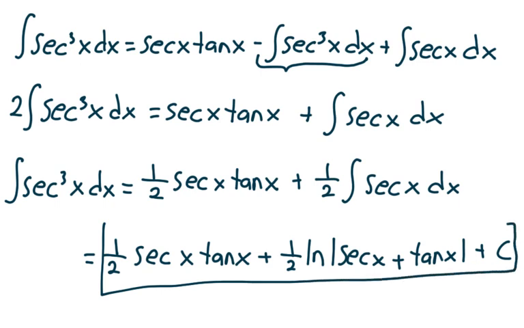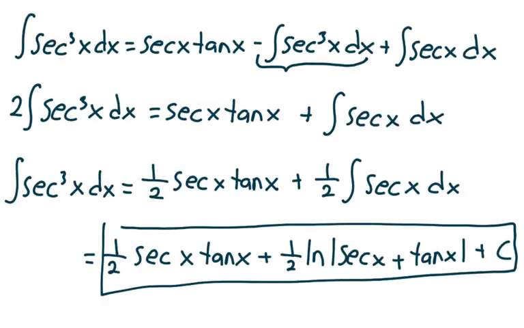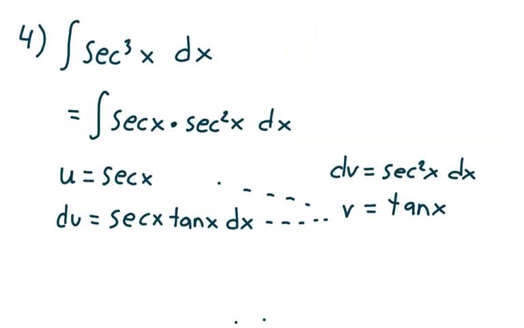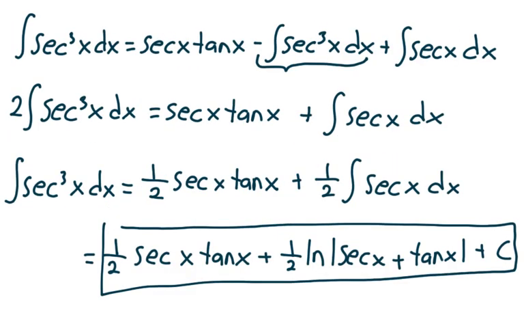And that's how we figure out the integral for secant cubed x. It's a great question to ask on an exam. Then let's finish off. This was example 4. Let's finish off with one last example.